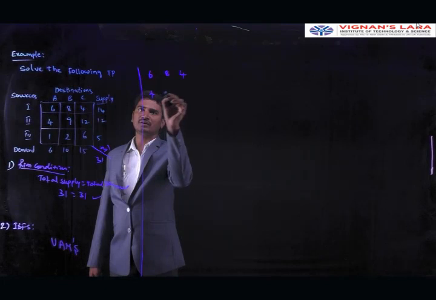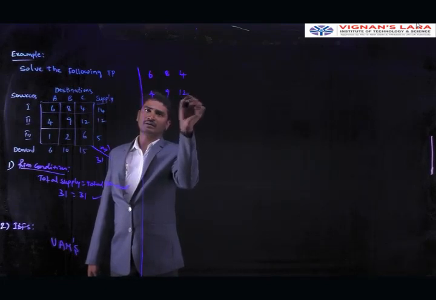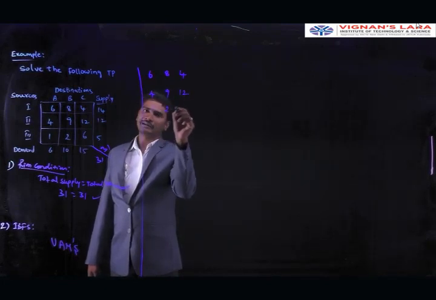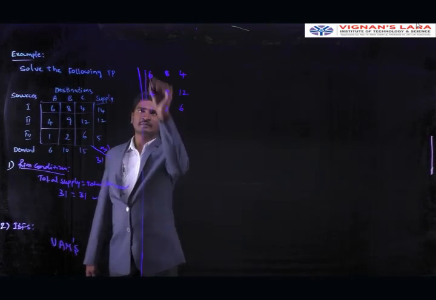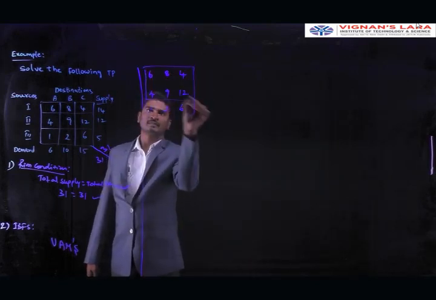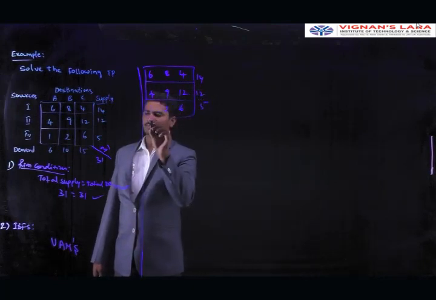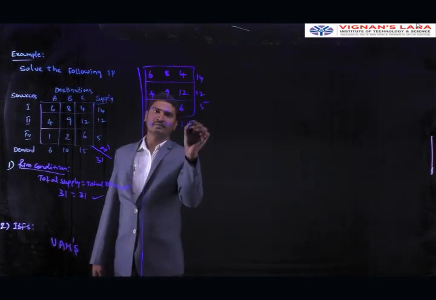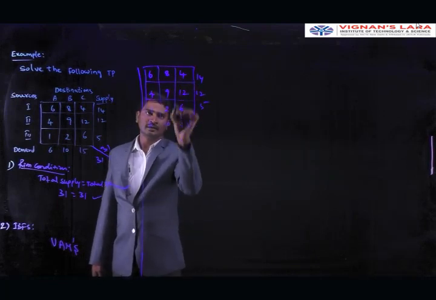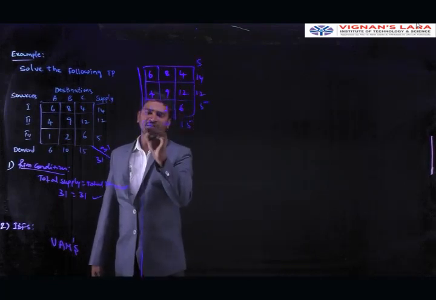There we have the unit cost, and for that cost we are going to calculate the penalties. The supply is 14, 12, 5, and the demand is 6, 10, 15.